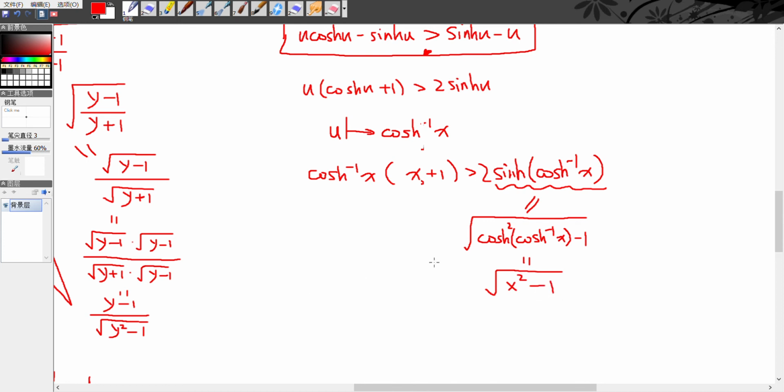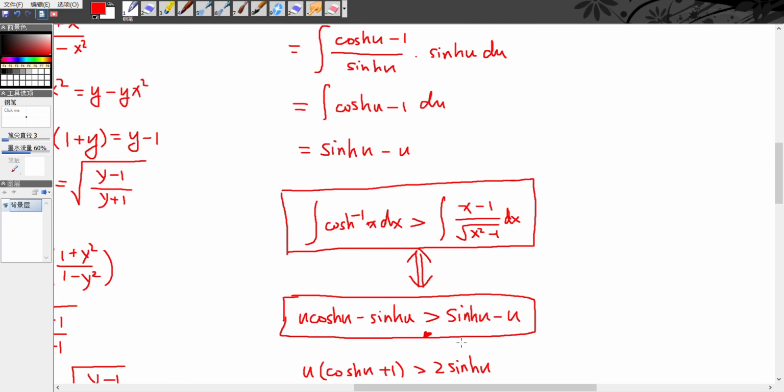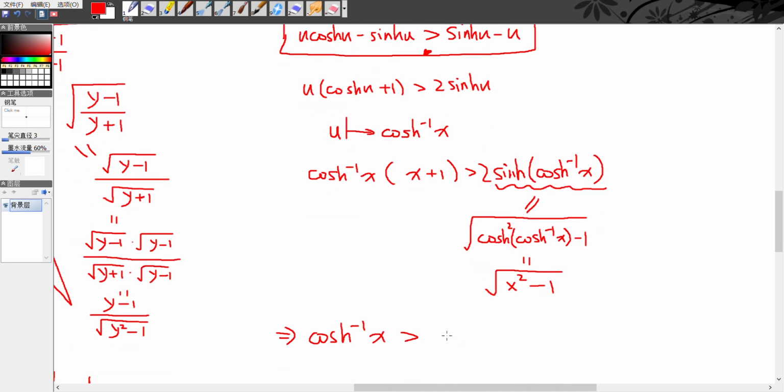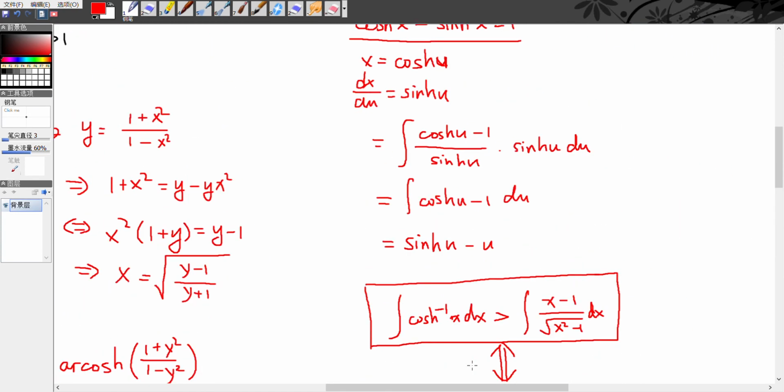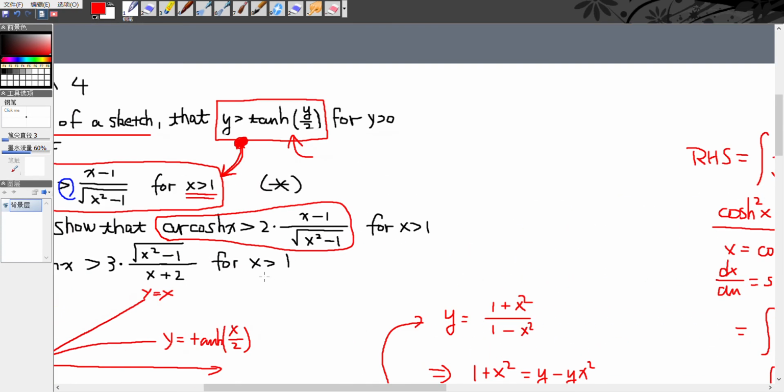And by multiplying 1 over x plus 1 on both sides, we will have arc cos x is bigger than 2 times the square root of x squared minus 1 over x plus 1, which is very close to the result we want to have. We want 2 times x minus 1 over x squared plus 1.